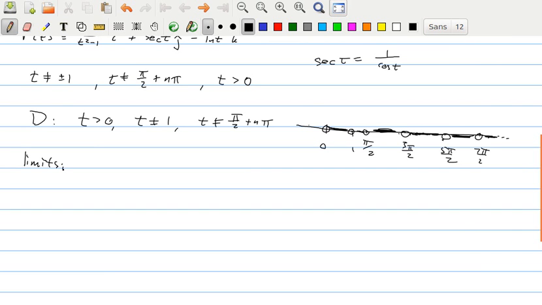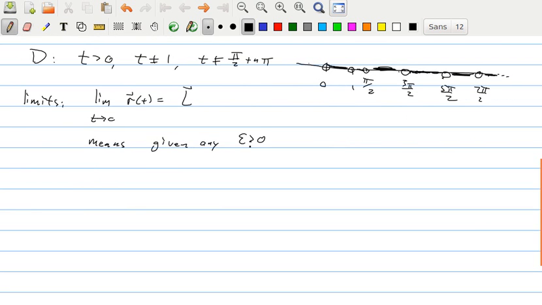To get the limit of a vector valued function, there is a formal definition. The limit as t goes to c of r of t is defined to be L. Now L has to be a vector because this is a vector valued function. This means that given any positive number epsilon, which you can think of as the tolerance in the range, in the vector side of things, there is a positive number delta.